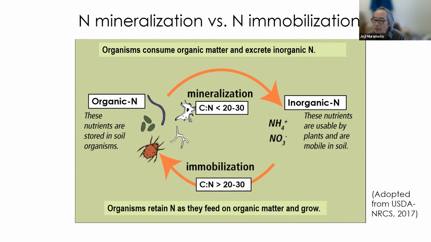Typically, when the carbon to nitrogen ratio, C/N ratio, is below 20 or 30, mineralization takes place. But if the C/N ratio is much higher than 20 or 30, nitrate and ammonium are going to be immobilized back to organic form. Immobilization takes place.